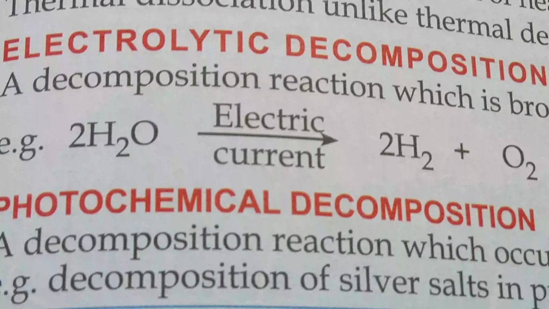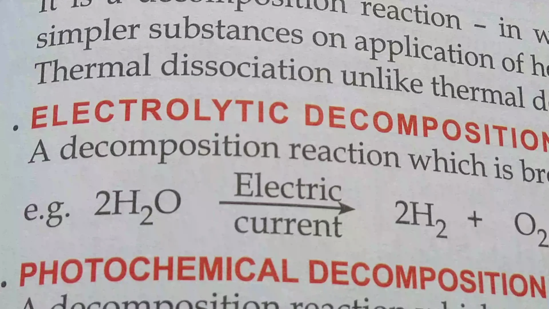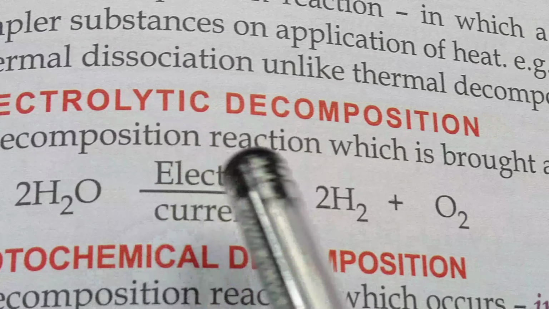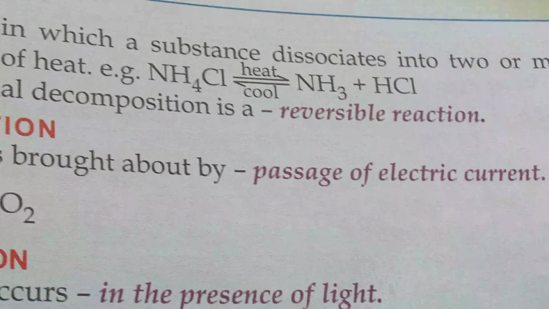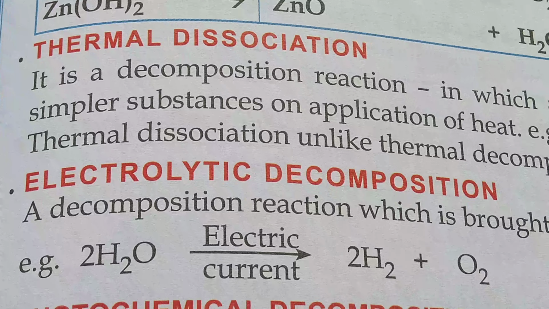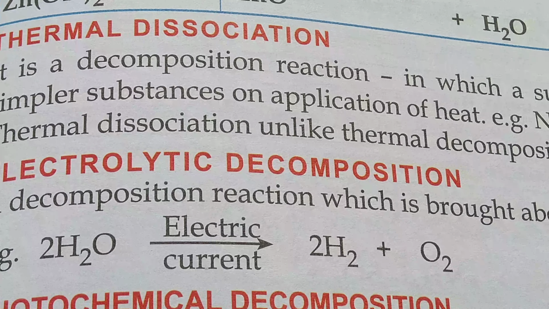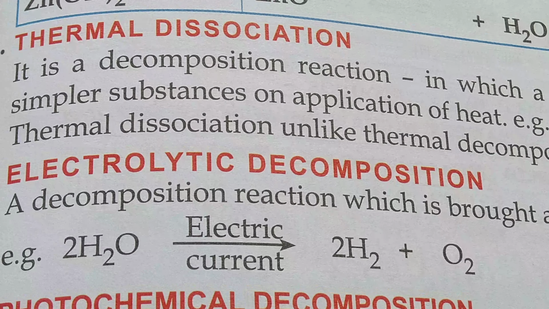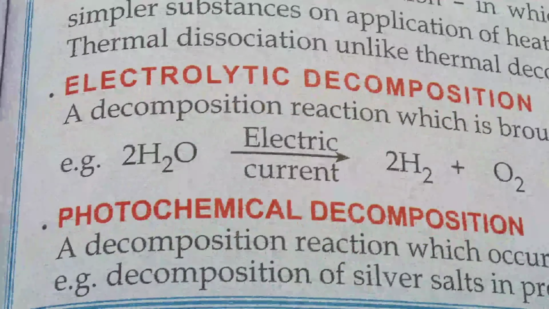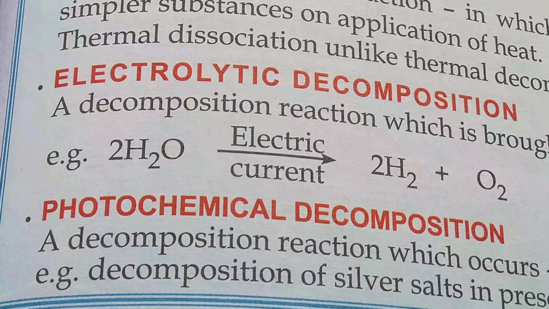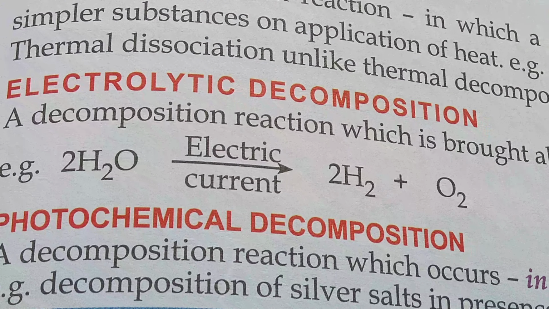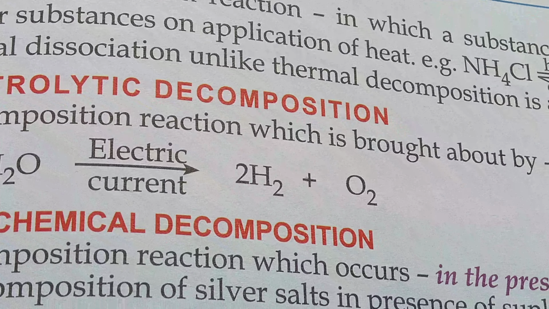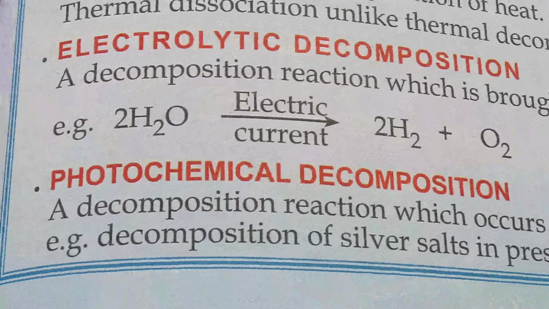Next, electrolytic decomposition. A decomposition reaction which is brought about by passing of electric current. So whereas a decomposition reaction is affected by electric current, that is known as electrolytic decomposition. Look at the example here. Suppose water, if we provide electricity, then water is decomposed into hydrogen plus oxygen.